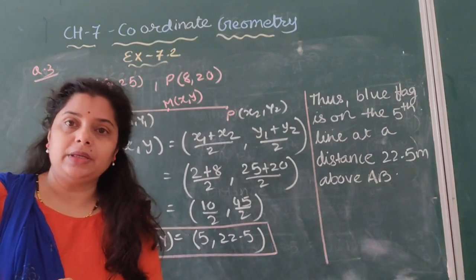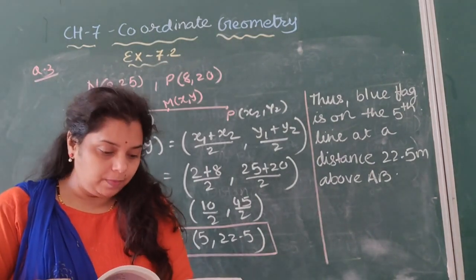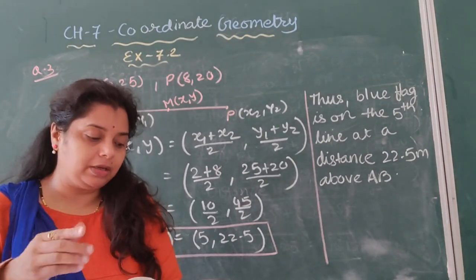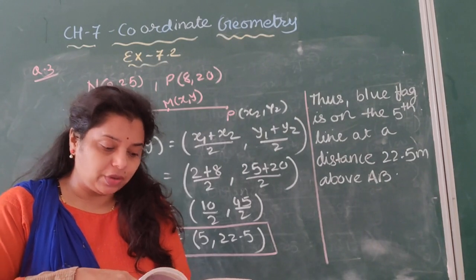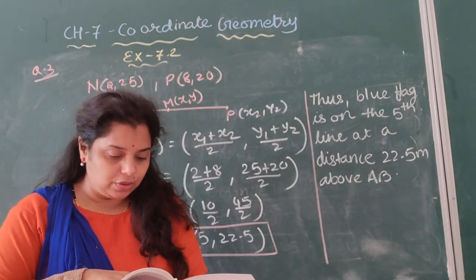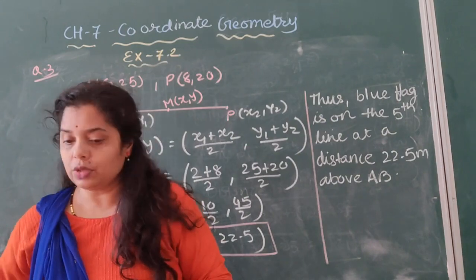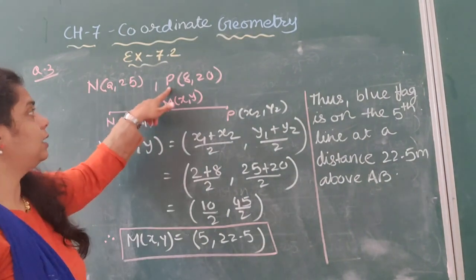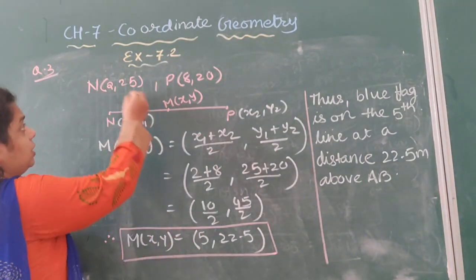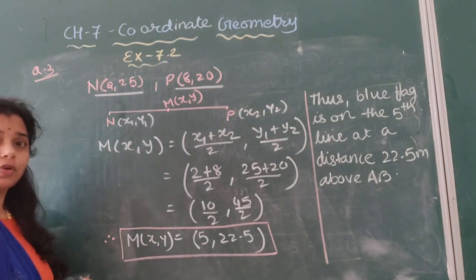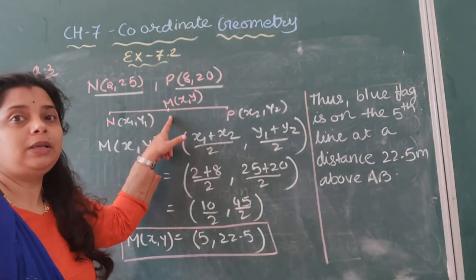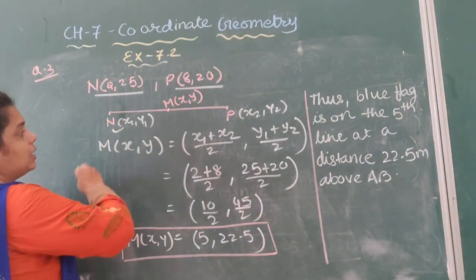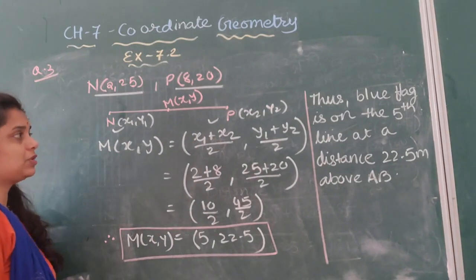Now I repeat the last question, which is asked in question number 3. If Rashmi has to post a blue flag exactly halfway, in between the line segment joining the two flags, where should she post her flag? As we already found the values of N and P, where Niharika and Preet post their flags, and the distance by using the distance formula, now we take N as x1 y1 and coordinates of P as x2 y2.